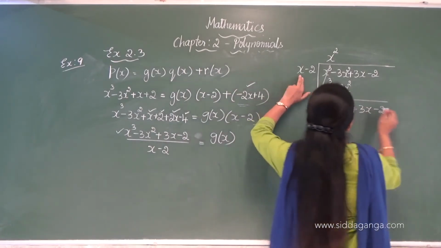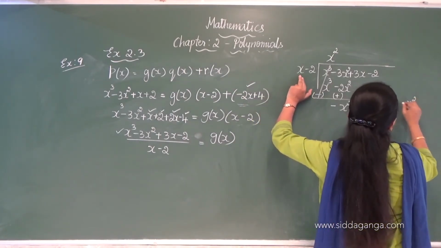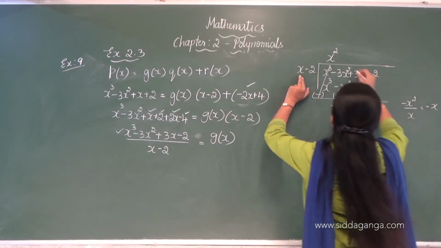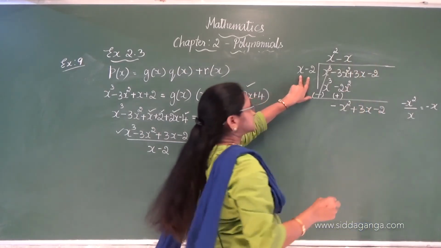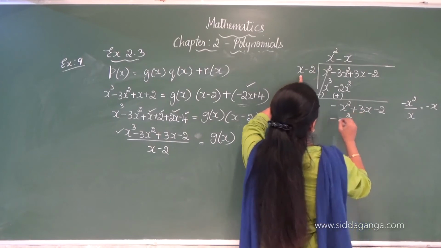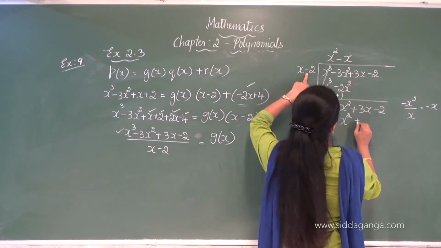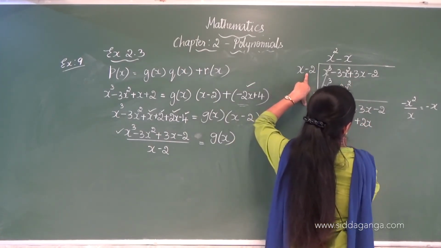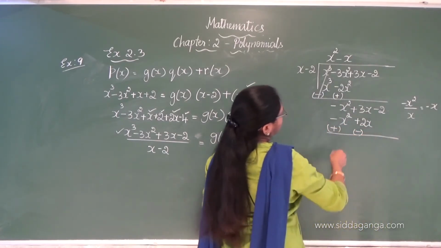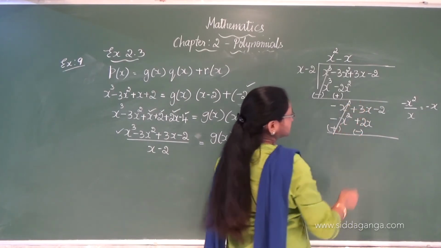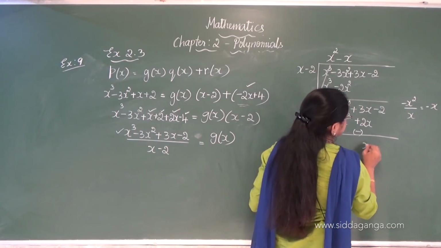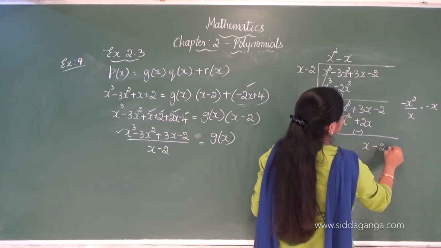Next, here again you divide minus x square by x, you will get minus x. So the next term will be minus x. So minus x into x is minus x square, minus x into minus 2 is plus 2x. Now change the sign, this gets cancelled, 3x minus 2x you will get x minus 2.